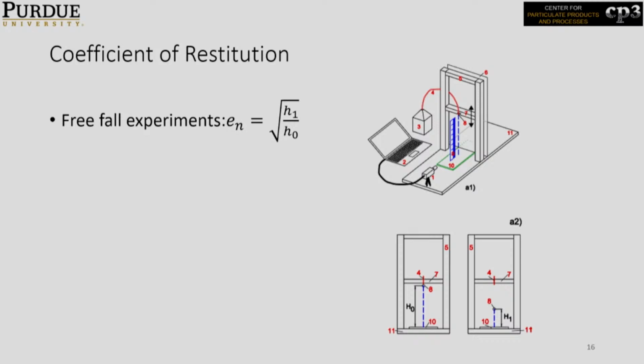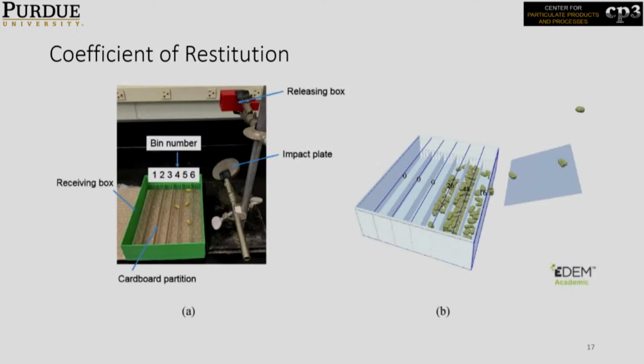So when it rolls or changes angle, then you lose some energy for that rolling or changing in angle. So we are not exactly quantifying the restitution. This is highly used, but it's not useful when it comes to getting the actual, accurate coefficient of restitution, since there will be lots of rolling.